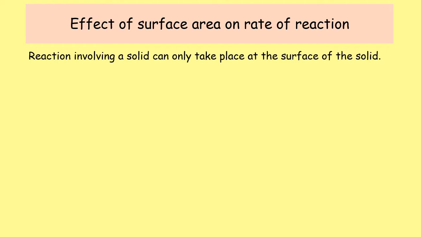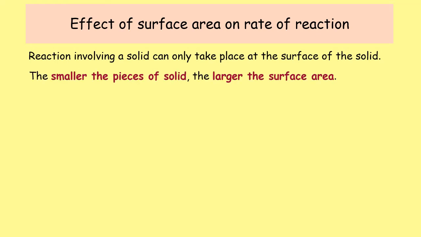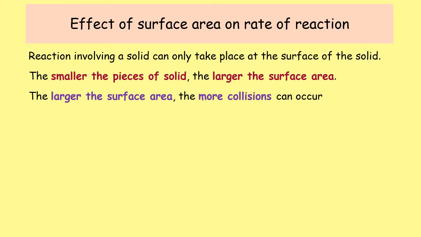Now, what effect does this have on the rate of reaction? So we need to know that if a reaction is happening between, say, a gas and a solid, or a solution and a solid, the reaction takes place on the outer surface of the solid. As you break a solid up into smaller pieces, what you're doing is exposing more of the chemical on the surface. And that means that because you've got a larger surface area, you've got more places for the reaction to happen.